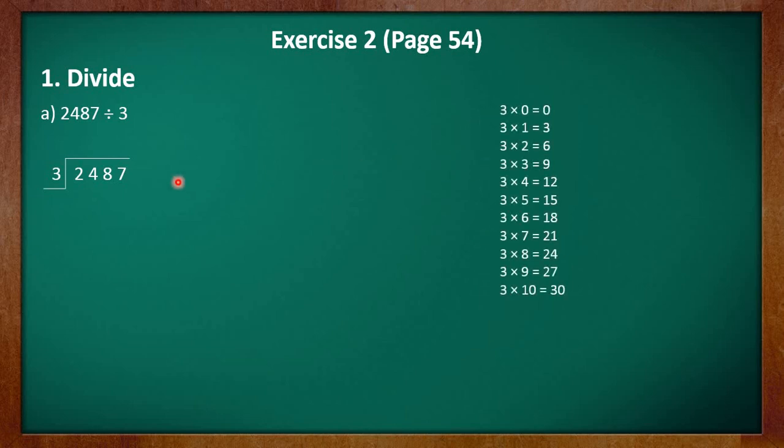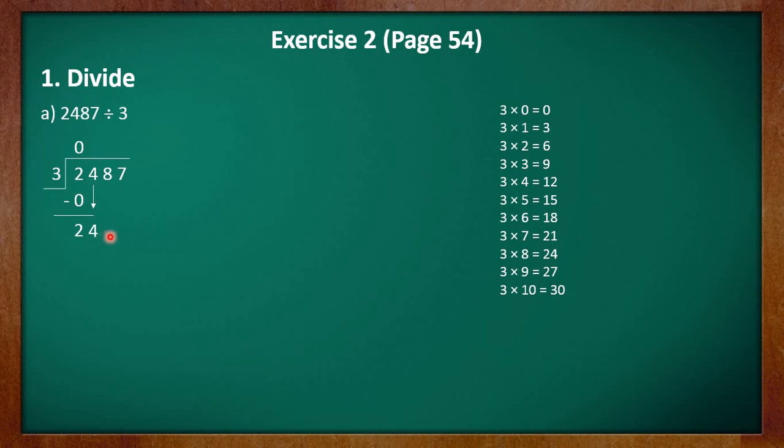So here the first digit which we will divide by 3 is 2. But 2 is smaller than 3. So we cannot divide 2 by 3. So we will simply write 3 zeros are 0. That means we will put a 0 in the quotient and we will write 0 under 2, which will give the difference as 2, and we will bring down the next digit, which is 4.